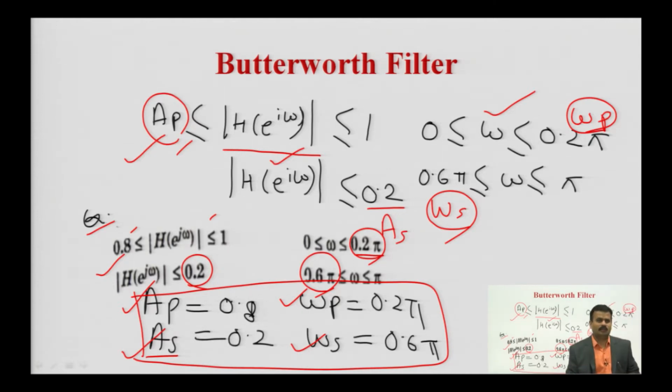Now I am writing an example, and you can compare your equation with this one and determine these values. Then your further steps will be easy, so that you can design your digital filter.